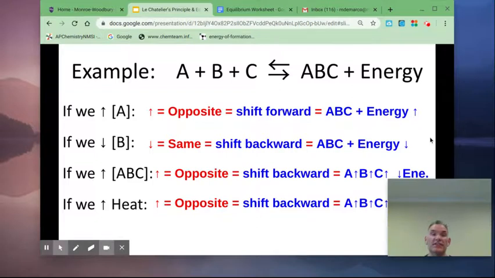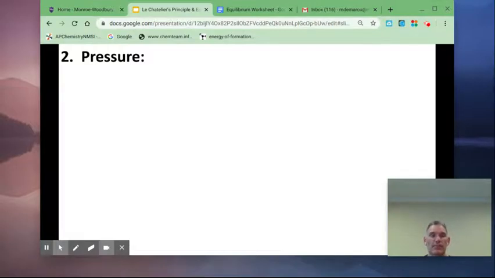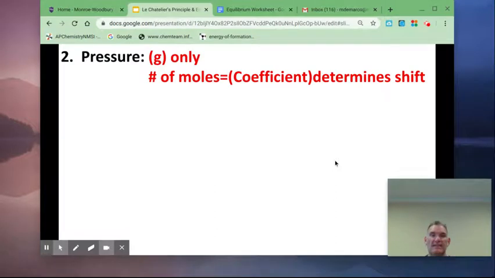But there's other stressors. The next stress that we're talking about is pressure. Now, again, review. Pressure only affects gases. And because we're talking about pressure of gases, what determines how the reaction is going to shift is adding up the number of moles, or, as we learned, looking at the coefficients of the reactants and products on both sides.